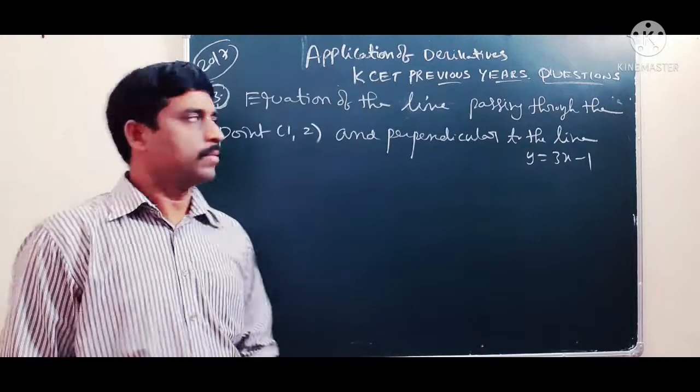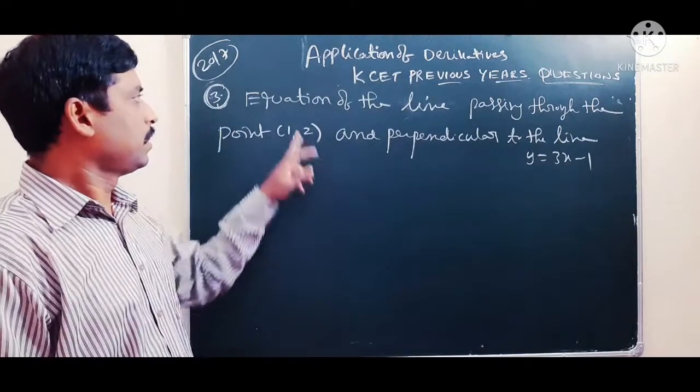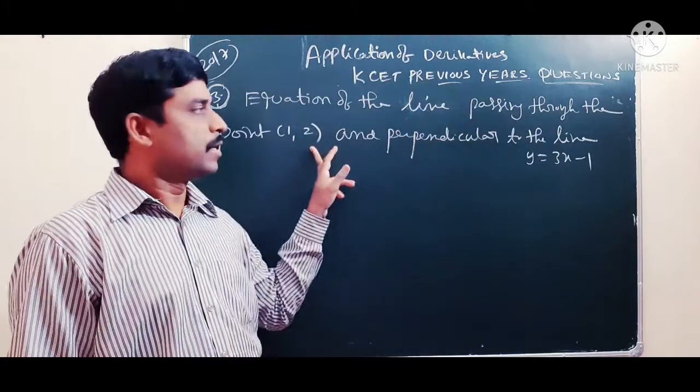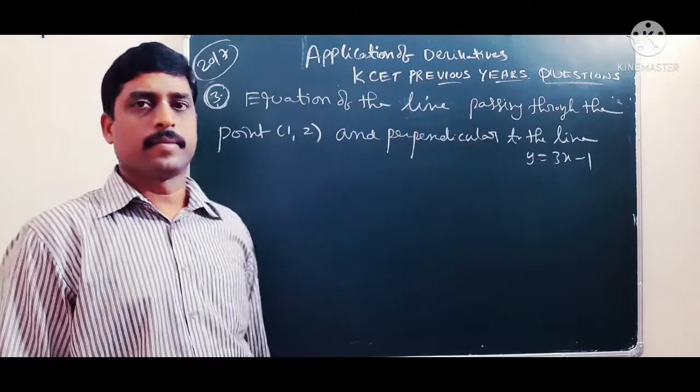Let us go to the next problem. This is from a 2017 question. What is our target? The equation of line passing through the point and perpendicular to the line. Okay.